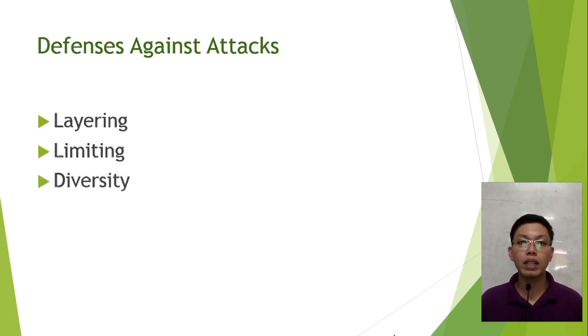We also have diversity, which is similar to layering in the sense that these layers have different mechanisms so that attackers cannot use the same techniques to penetrate each layer. The next principle is obscurity, which means hiding the behavior or mechanism of internal system from outside.